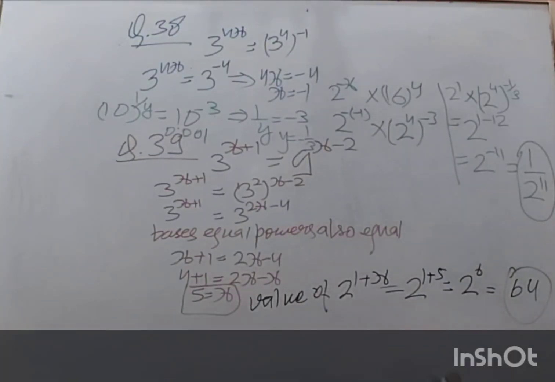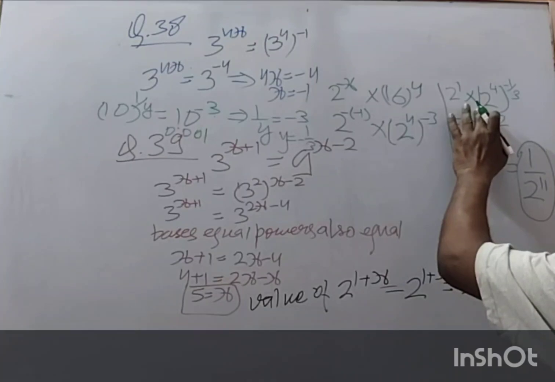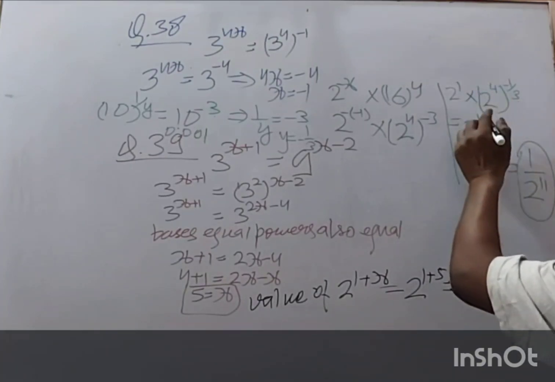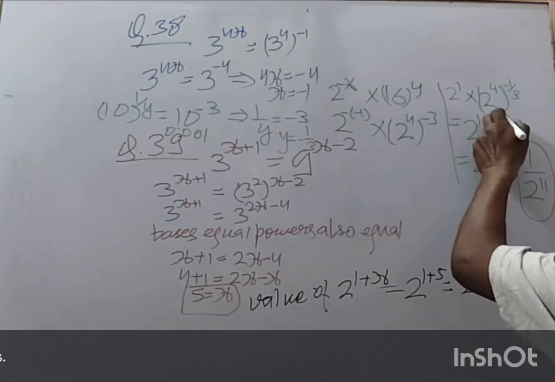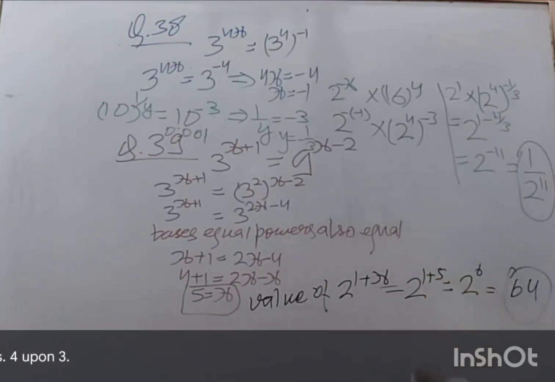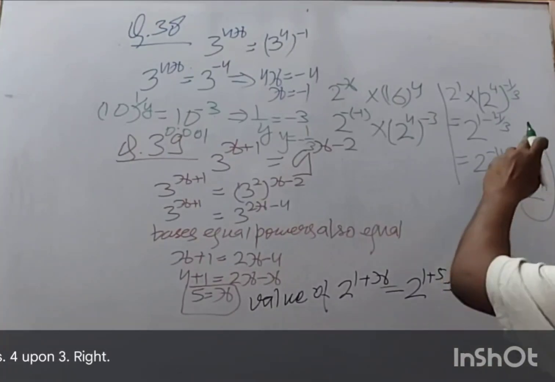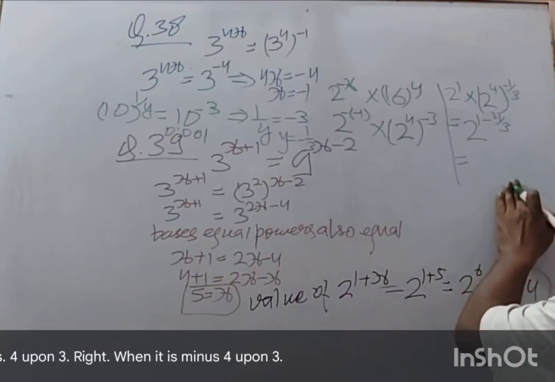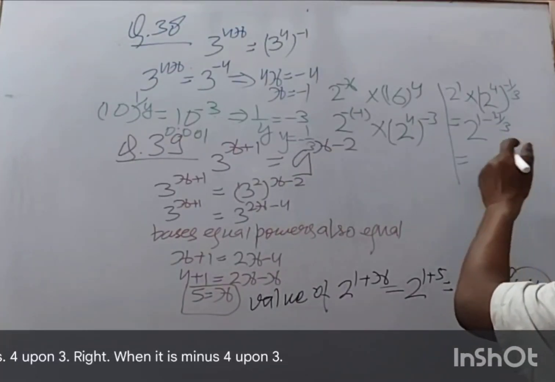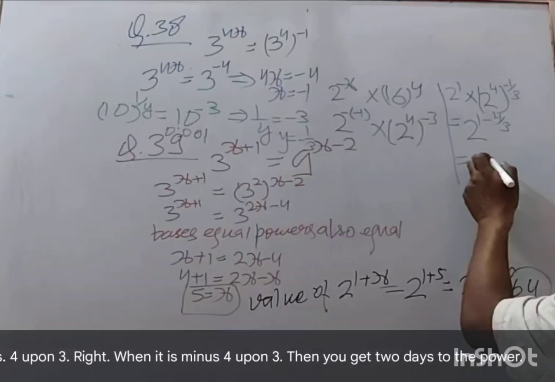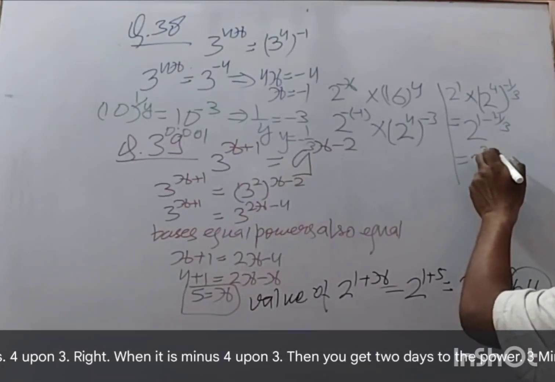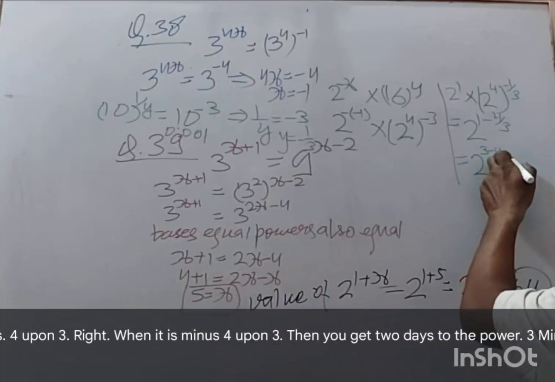So it will be -4 upon 3. Then you get 2 raised to the power 3 minus 4 upon 3.